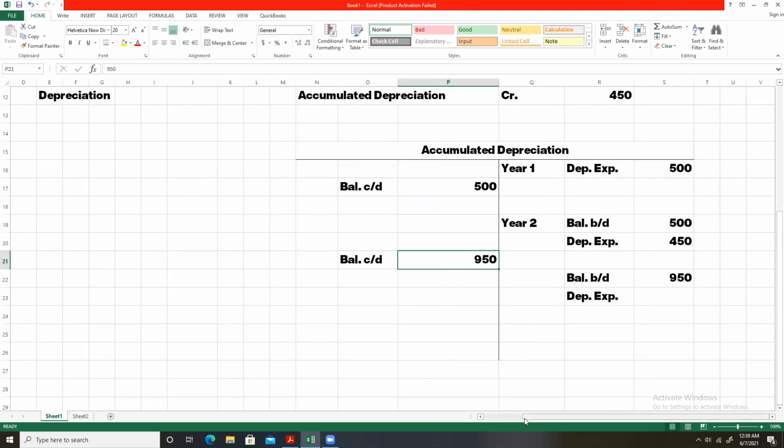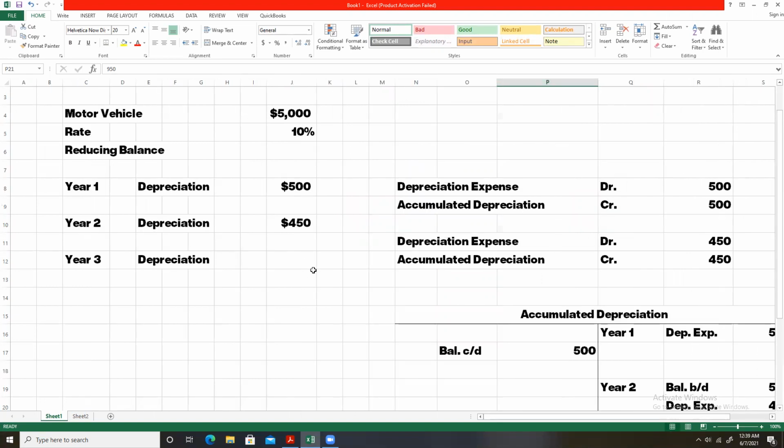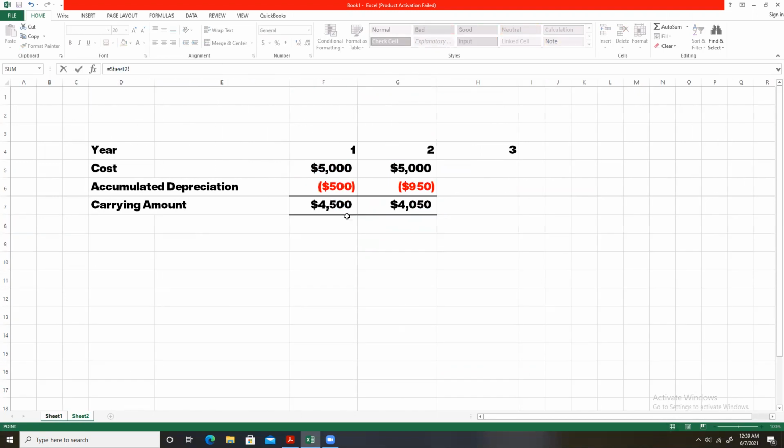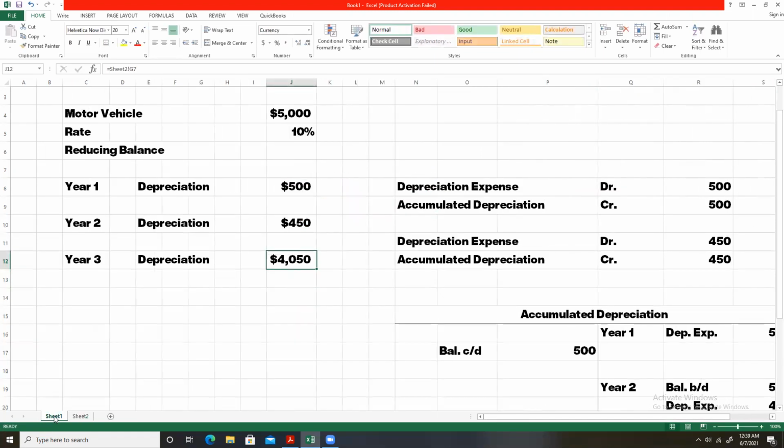At the end of the third year, how will we find out the depreciation expense for the third year? We will take this $4,050 and multiply it by the rate of depreciation, that is 10%.